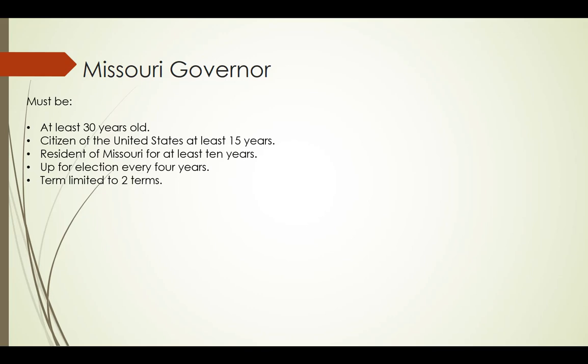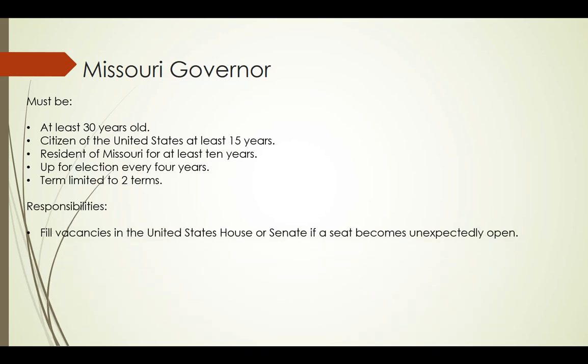Now, the Missouri governor is given specific responsibilities in the Missouri Constitution, starting with a role that he has in the United States Constitution. Maybe you remember this from the Constitution quiz, but in the United States Constitution, the Missouri governor, the governor of every state, is in charge of filling vacancies. If there's ever a vacancy in the United States House or the United States Senate, the Missouri governor is in charge of filling that seat.